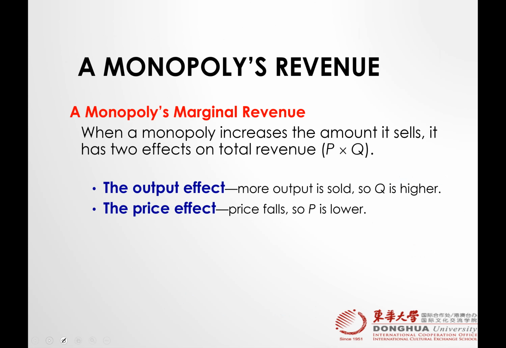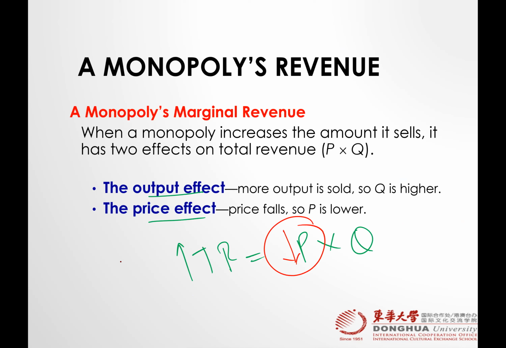And then we talked about monopolist revenue. We talked about two effects. And what are those? If a monopolist wants to increase its total revenue, what is the formula for total revenue? Here we go. So if a monopolist wants to increase its total revenue, how can it increase? By decreasing the price. We call this the price effect. And automatically, when price decreases, quantity is going to increase. We call this the output effect, right?